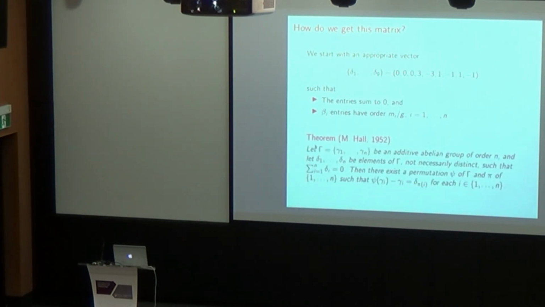And then we use a theorem of Marshall Hall, which tells us, if we have an additive abelian group, in particular we're going to use Zn here, so the elements are gamma 1 through gamma n, and then I have this list of n elements that sum to 0, then I can find a permutation psi of my group so that if I look at the elements psi of gamma i minus gamma i, they give me precisely the elements in my vector in some permuted order.